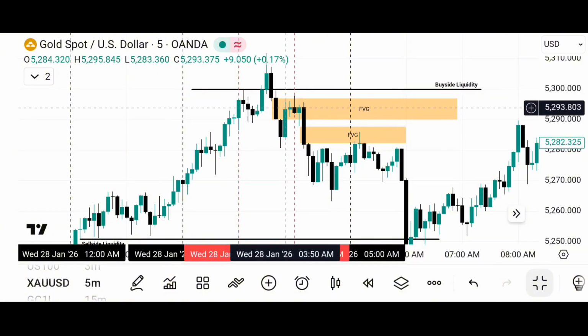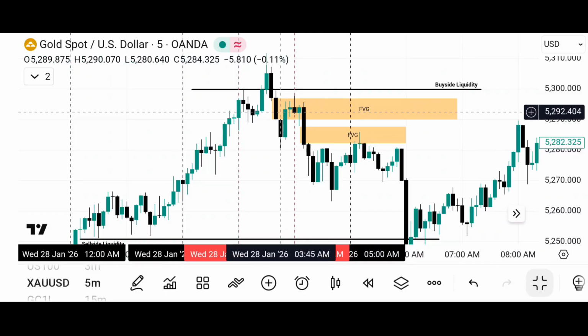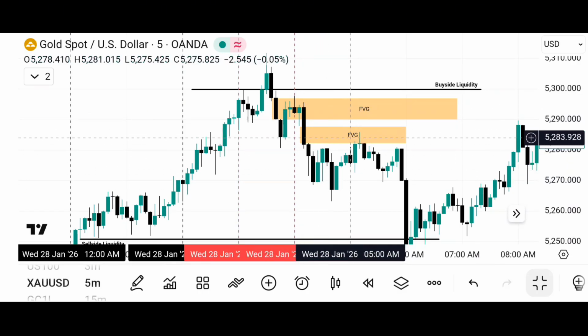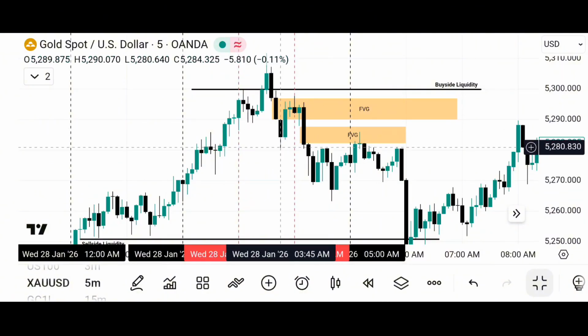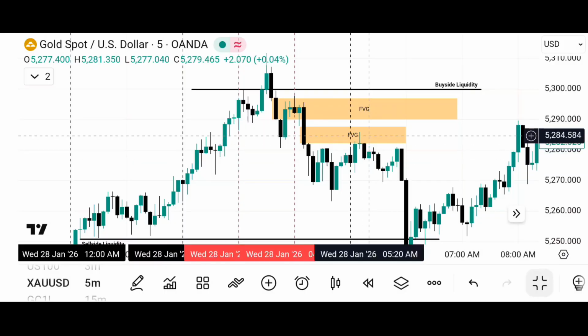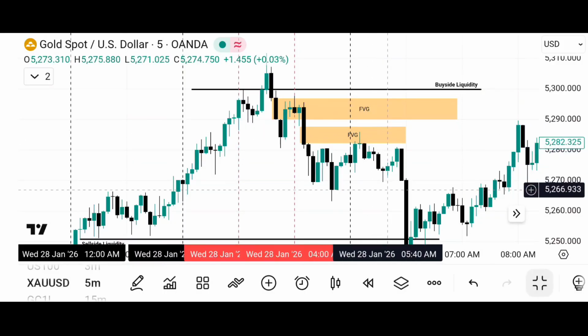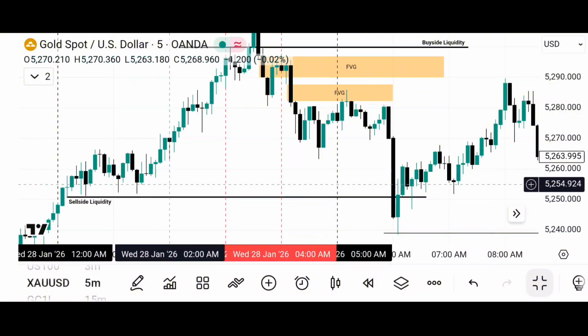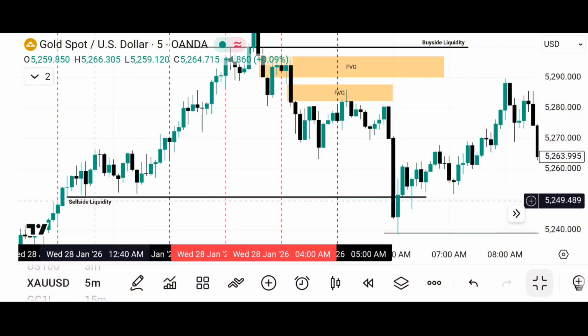And towards the close of the ICT silver bullet time window, price traded into the fair value gap. And as you can see, after 4 a.m., which is the end of the ICT silver bullet time window, price starts dropping down from the fair value gap before creating the second one, taking out this short-term low, creating the second fair value gap, and after 5 a.m. price traded into it, and you can see the displacement with which it runs down to take out the sell side liquidity.